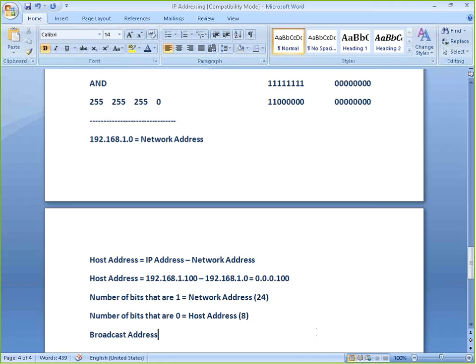So a broadcast address is used to communicate with all the nodes on a network. If I want to communicate with all the nodes on a network, I make use of a broadcast address. Do you understand that? Clear about this now?